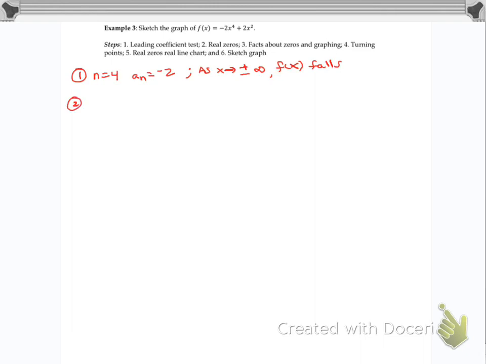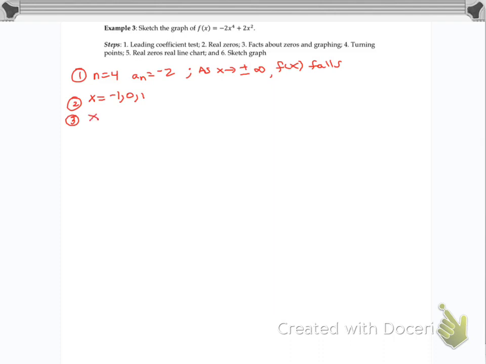The second thing, the real zeros. Okay, we found those already, right? So the real zeros were, I'm going to put them in ascending order, -1, 0, 1. Okay, so we're good there. Now, what does that tell us? Well, since we have 3 zeros, remember those equivalent statements? We have 3 points, namely the x-intercepts.